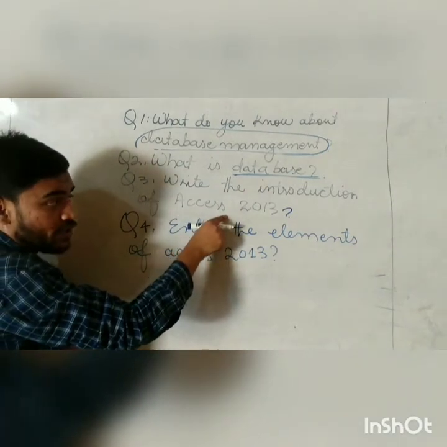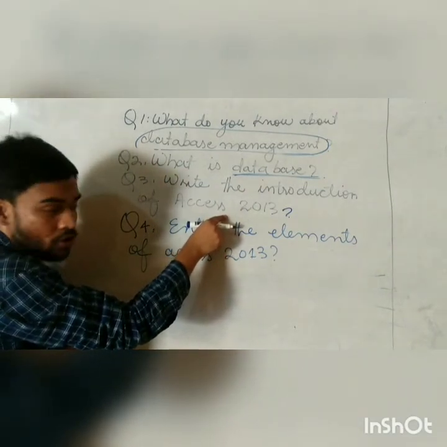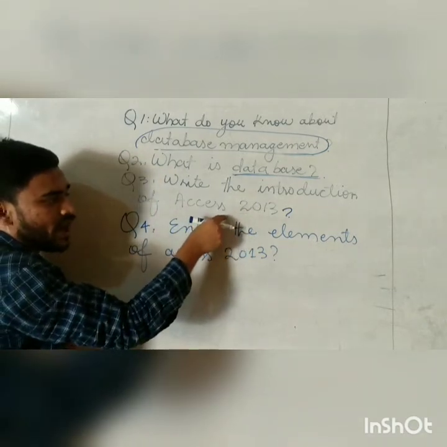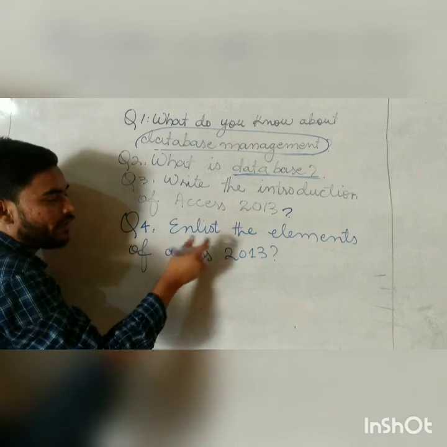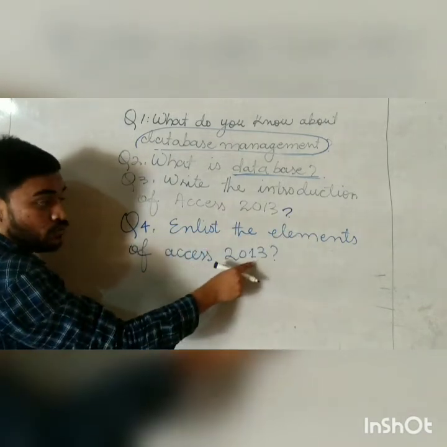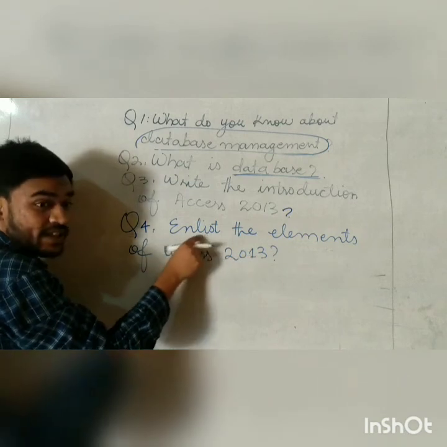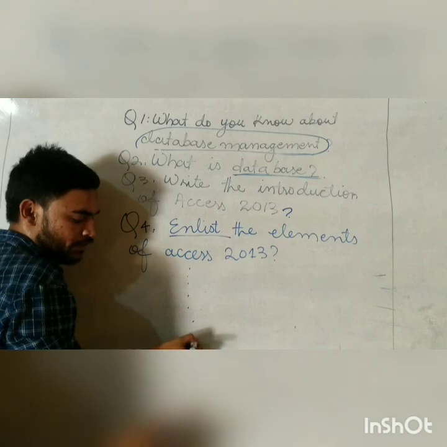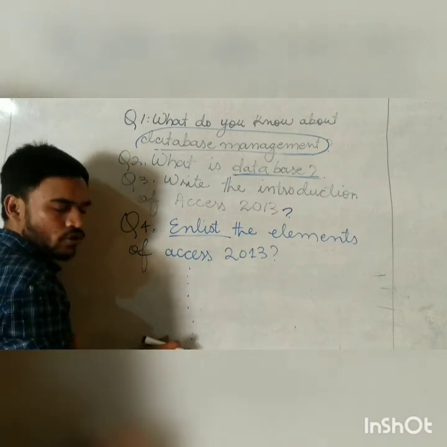It is also mentioned in the book, from where it started or where it is being used. Question number 4 is: enlist the elements of SS 2013. I am not asking you to describe; enlist means you maintain a list, that is, mention the elements.